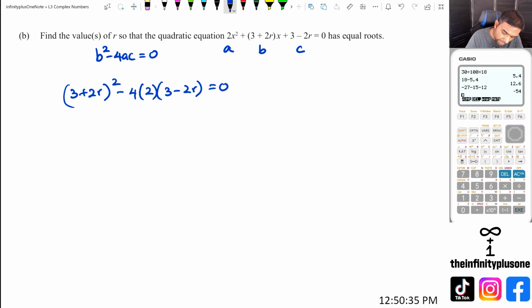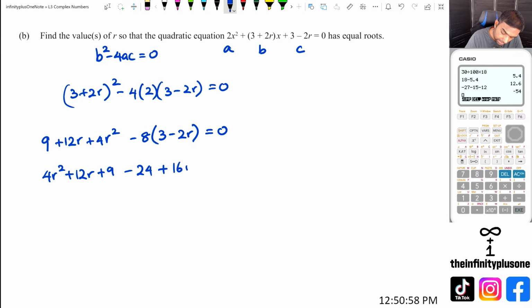So 3 plus 2r squared is going to become 9 plus 3 times 2r is 6r, so it's going to become 12r plus 4r squared, and then here I've got minus 8 times 3 minus 2r equals 0. So I've got 4r squared plus 12 plus 9 minus 24 plus 16r is equal to 0. So what I should end up with is negative 15 plus 4r squared plus 28r is equal to 0.